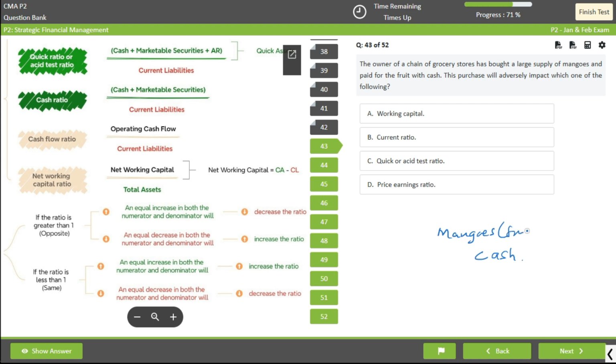So they have made a cash payment. The purchase will adversely impact which one of the following?